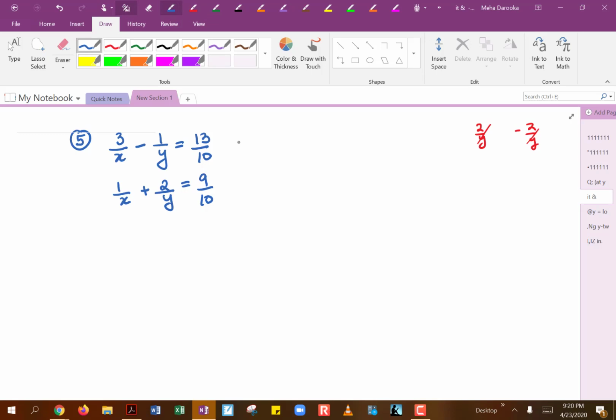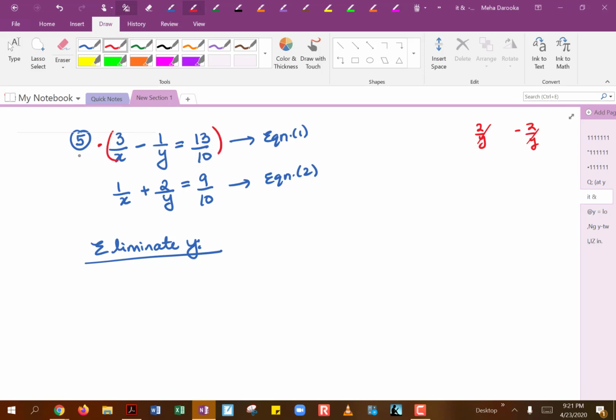That's actually going to be our strategy. Let's call this equation 1, and this one equation 2. We are going to eliminate our y variable, and to do that, we will need to multiply our first equation by 2, or if it helps, you can think of it as being 2 over 1.